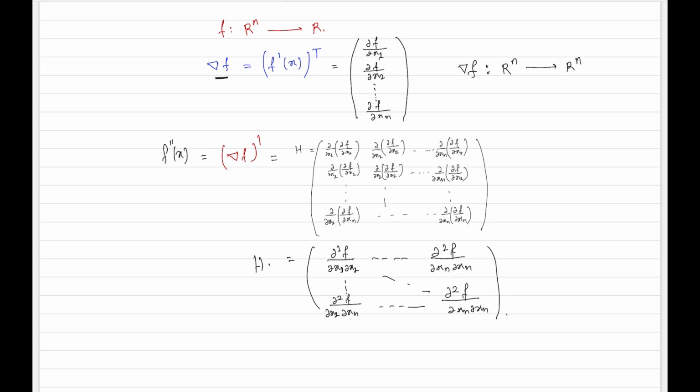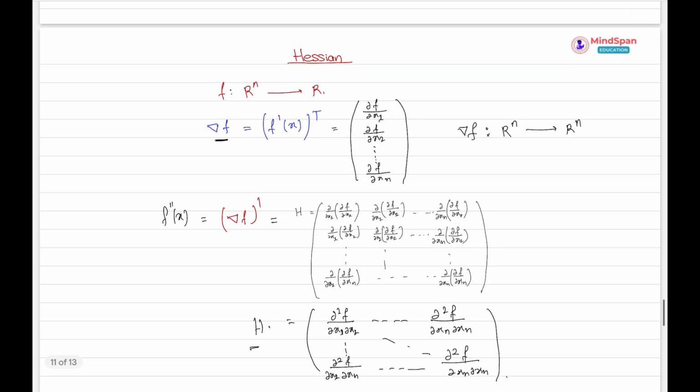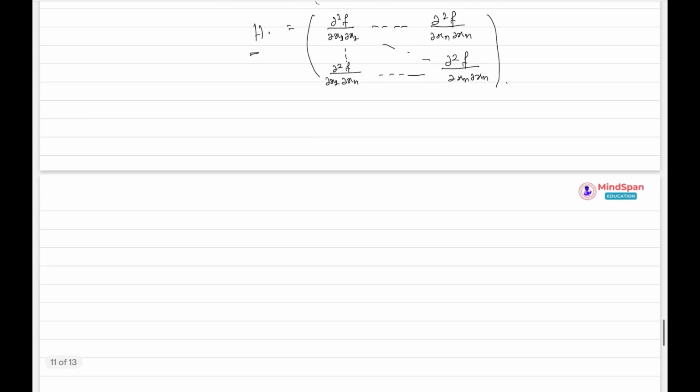So this is your Hessian matrix, and it is nothing but the second derivative of this kind of function, right?